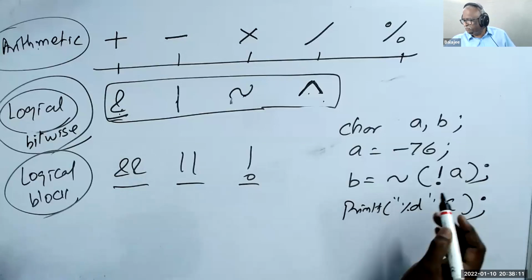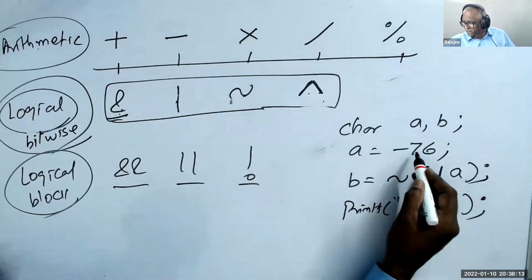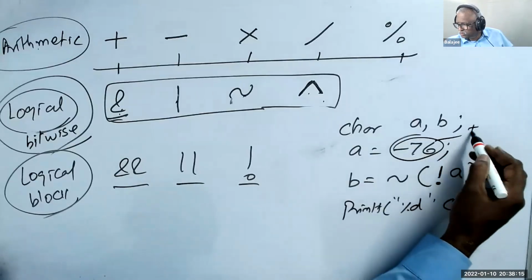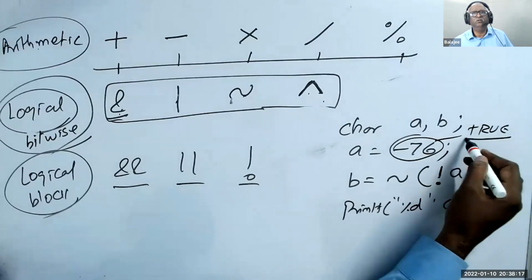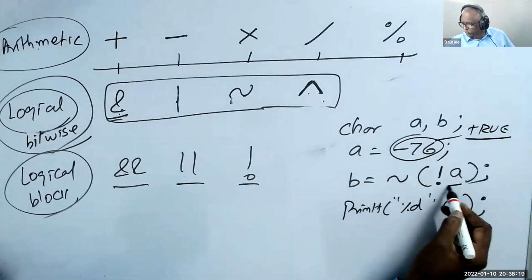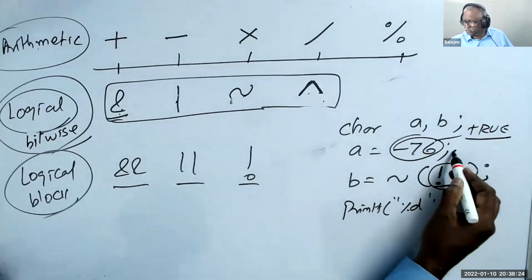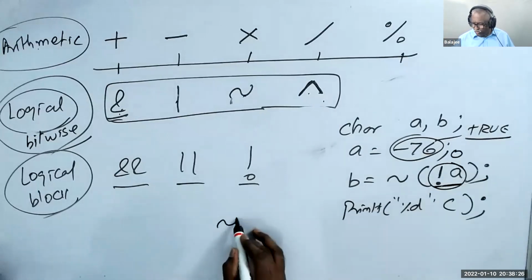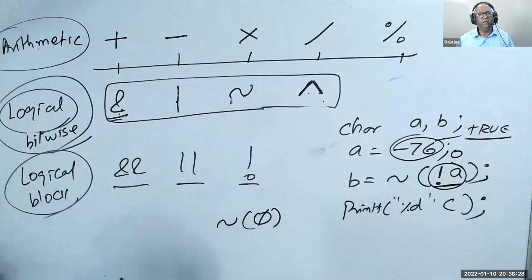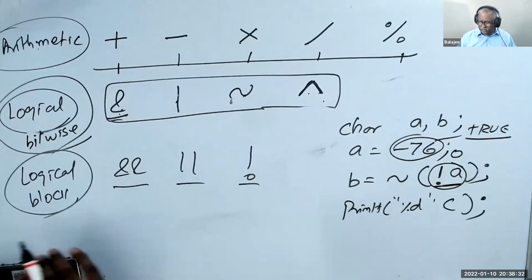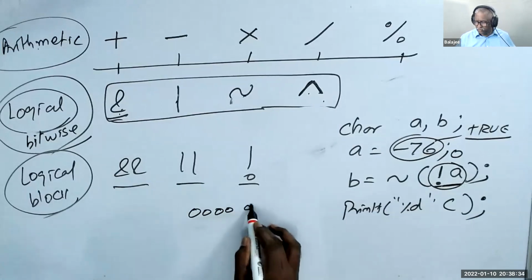Okay. Let me do one thing. Minus 76 is true. So, not of A becomes false. So this becomes 0. So, not of 0, this is bitwise. So 0 means 0, 0, 0, 0.